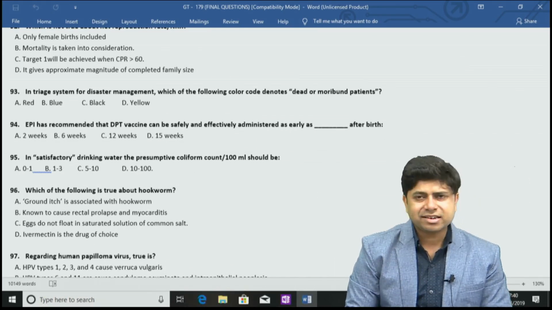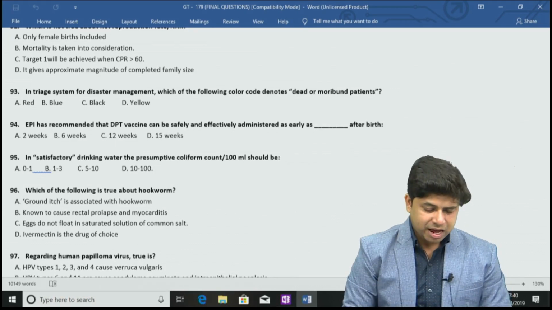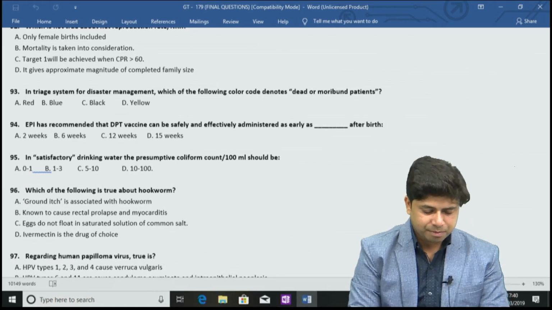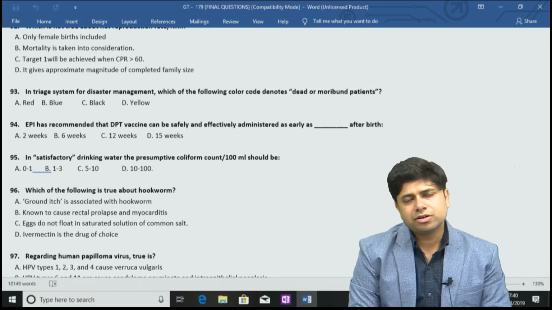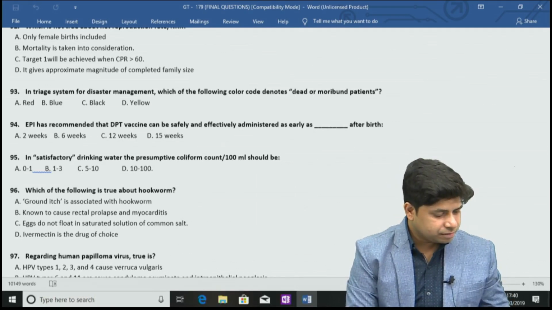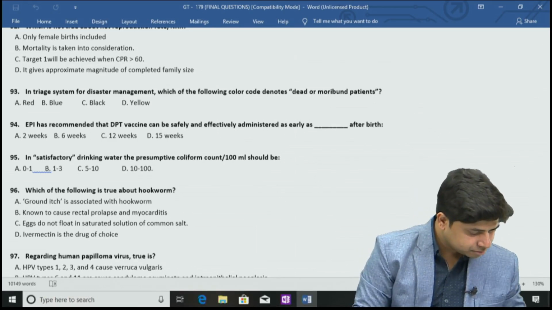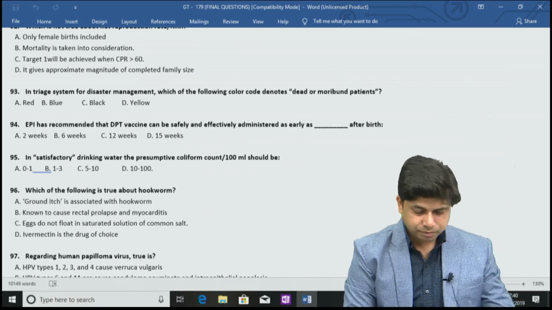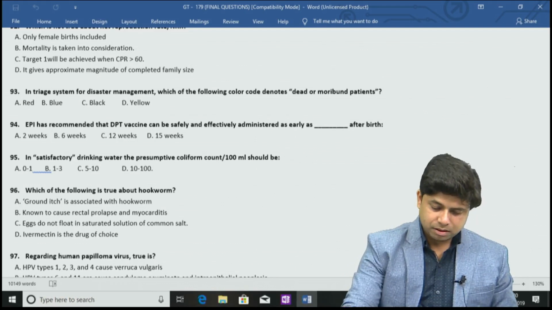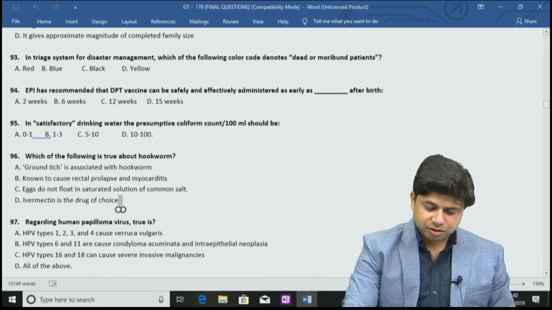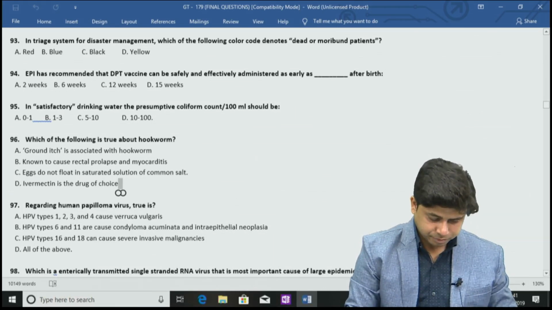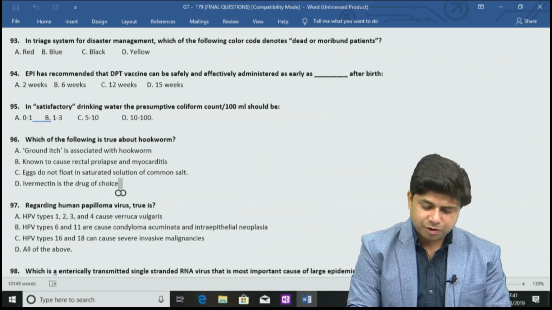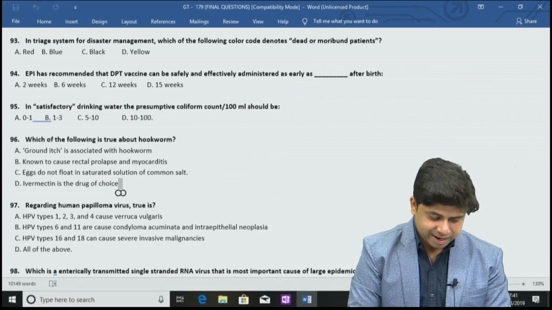The treatment is ivermectin, and it is the drug of choice for the treatment of cutaneous larva migrans and scabies also. Also, this is the drug of choice for hookworm. Let's go to question number 97, which is regarding HPV. True is: HPV types 1, 2, 3, 4 cause Verruca vulgaris.